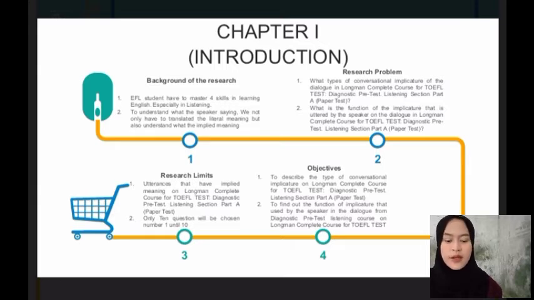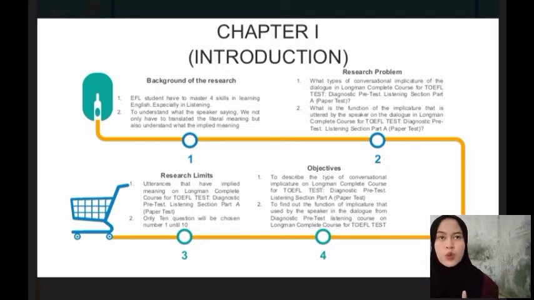Because of that, I chose the listening session in the TOEFL test in Longman Complete Course for the TOEFL Test, specifically the Diagnostic Pretest, Listening Session Part A paper test, because that book has a paper test and also a computer test. That background is why I chose this topic, and it leads us to the problem.